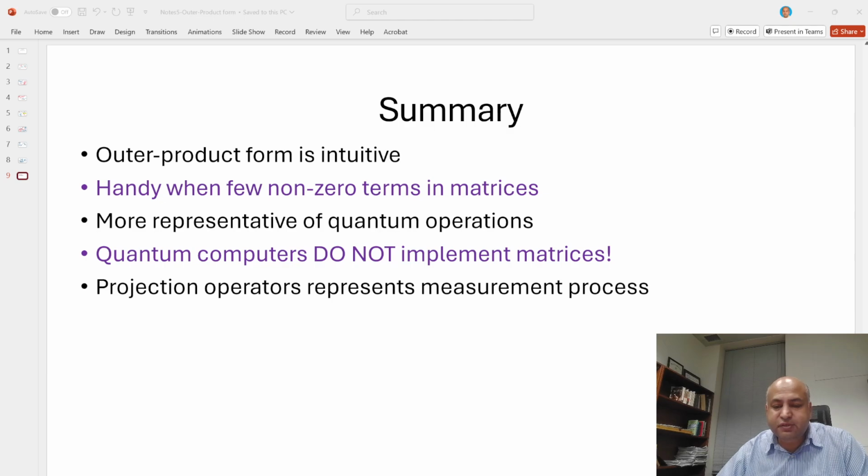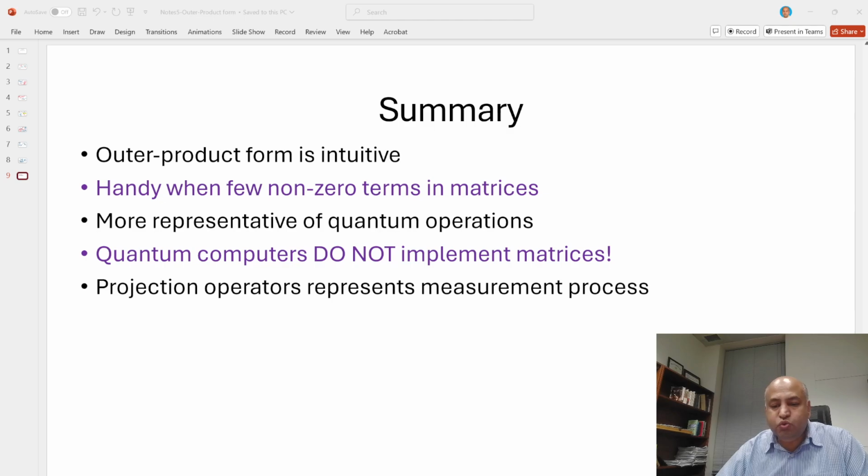initially, perhaps, students sometimes start thinking that the quantum computer is essentially implementing matrix multiplication, but that really is not the case. We are using matrices to represent quantum operations, but physically, in a quantum computer, when a gate is applied, it's just a pulse of light or an RF pulse that is being sent to the system. So it's not really matrix multiplication that is going on.